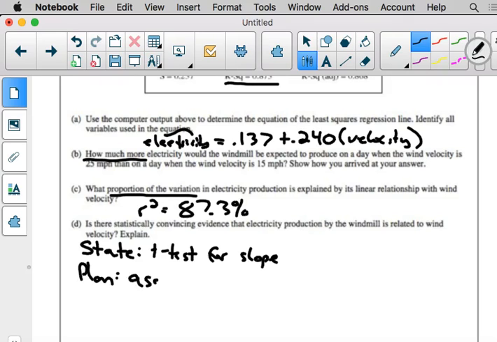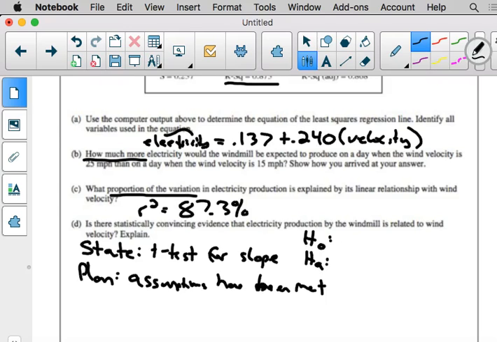Plan. They told us that we could assume everything had been met, so we also don't have to worry about that part. I'm sorry, in the state step.